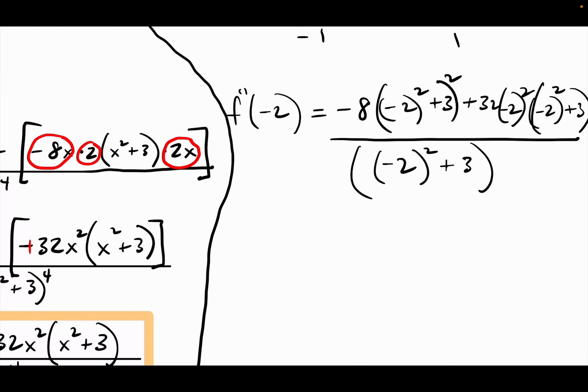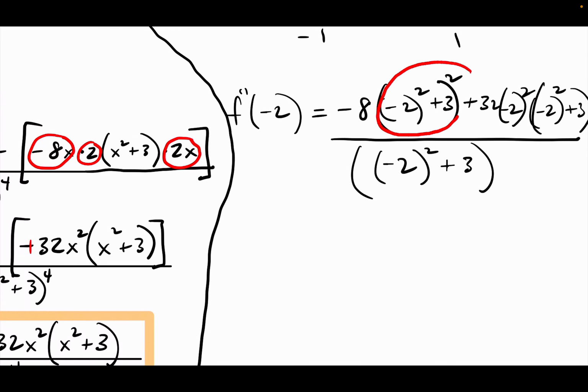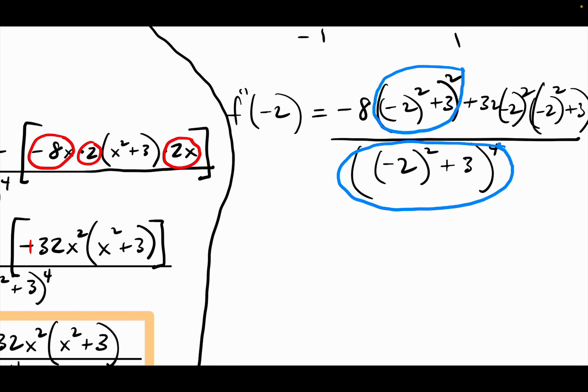Okay, so I'm going to break this part up. This here is going to be a positive. Let me use a different color. Let me use blue. This here is always going to be positive. This here is always going to be positive. This here is always going to be positive.